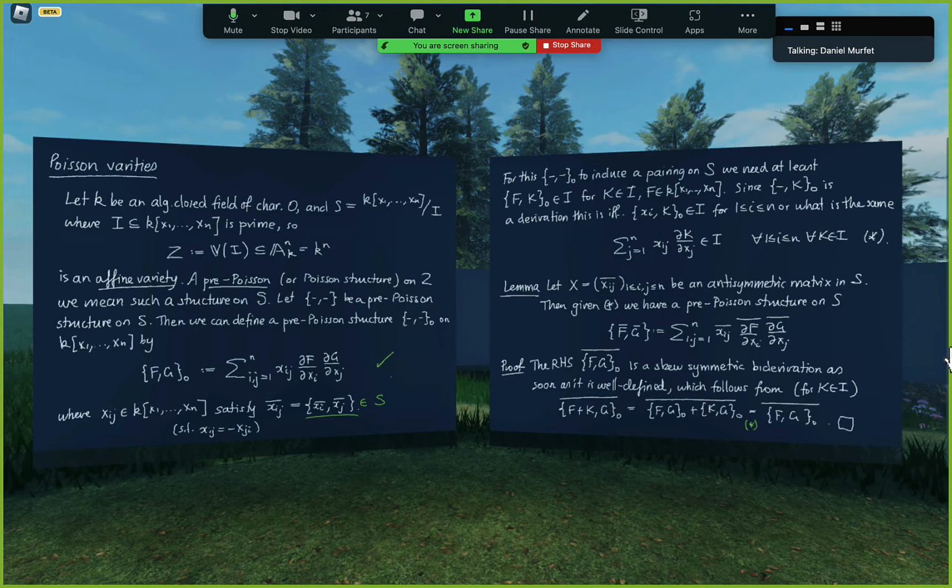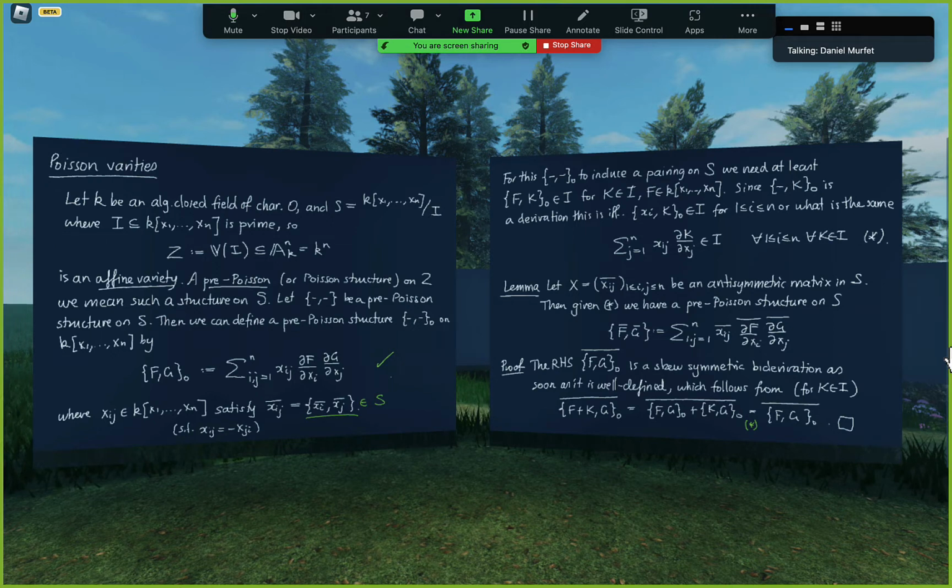I mean, in my notes I go through, okay, to get a Poisson structure you need that antisymmetric matrix to further satisfy the Jacobi identity, but that just sort of takes an obvious form. You need to have it hold modulo I, and I'm not sure there's much point writing it out, because we're not going to construct examples right now of such things.